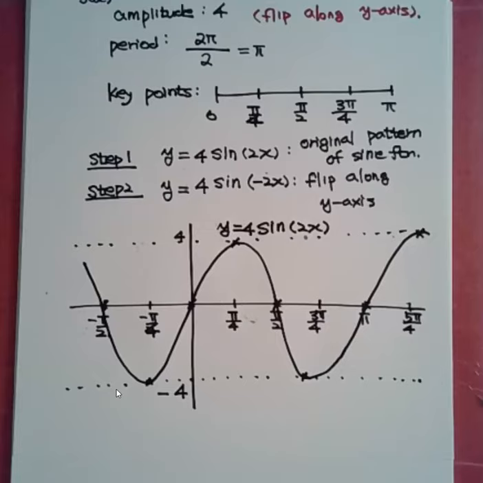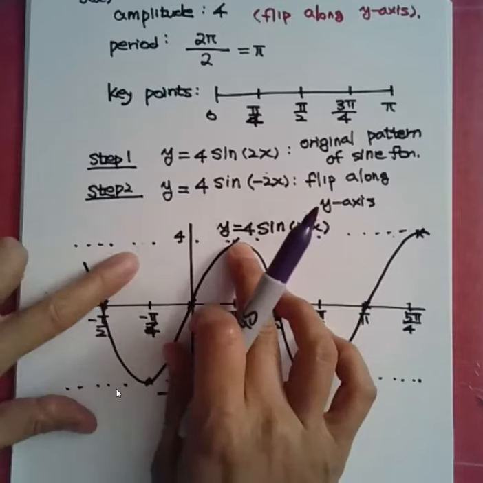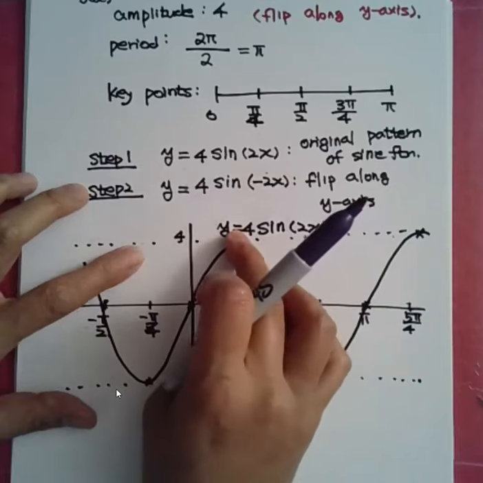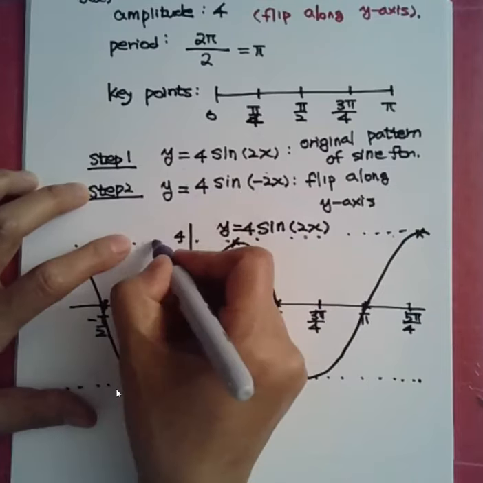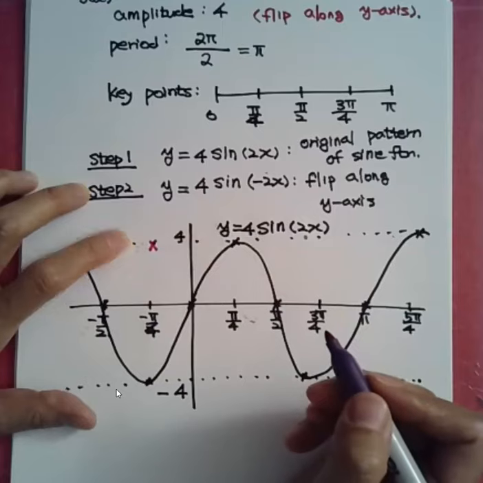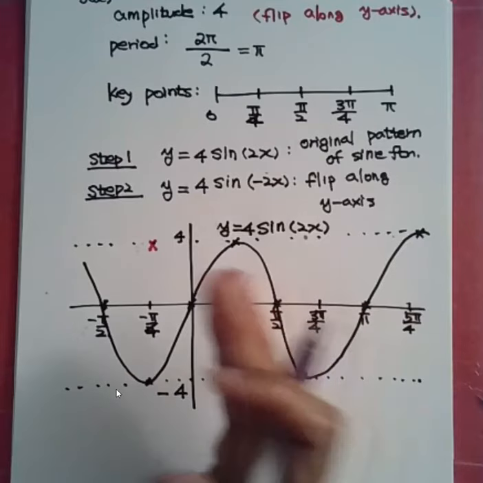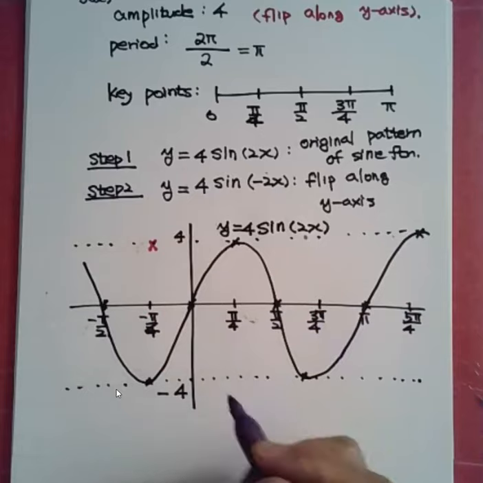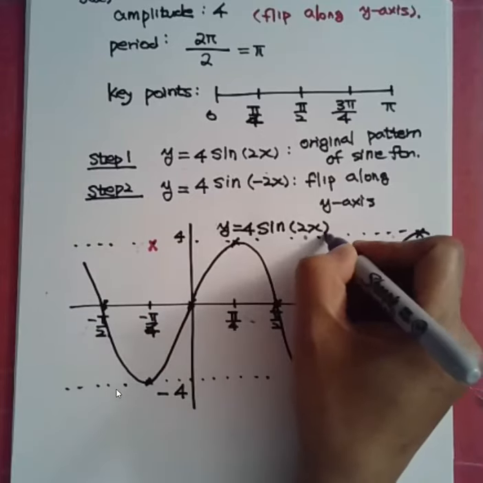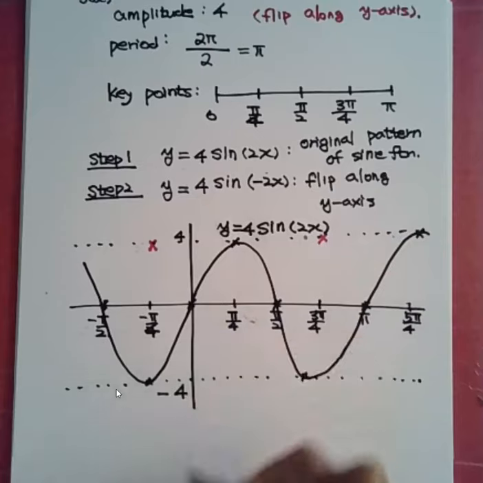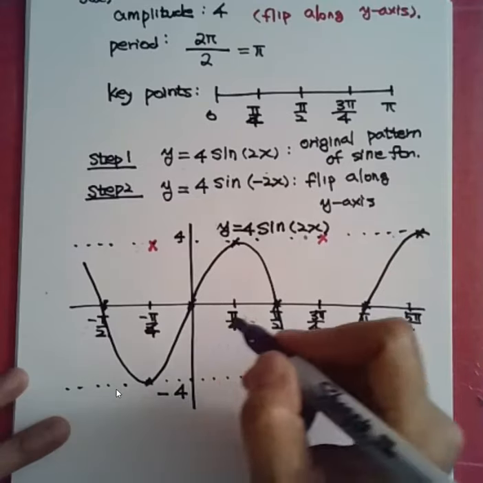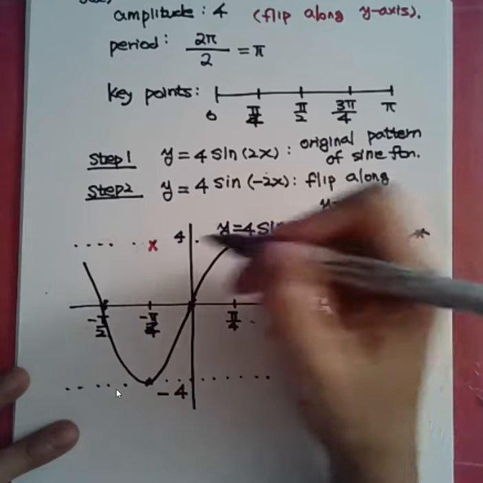To finish the problem, we have to flip along the y-axis. So we flip along the y-axis, so this point will move here, and this point will move here. And when you move the other way, it'll essentially switch the y value. That's because sine is an odd function.